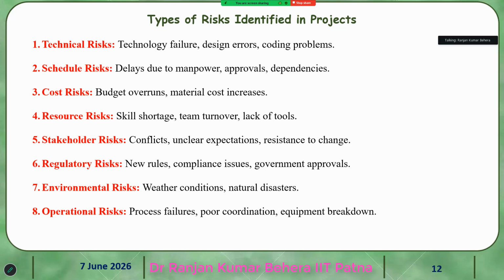And dependencies. For example, if X1 finishes his work, then only I can start. So we are dependent on each other. That is why it is called dependency. So the schedule risks are delay due to the manpower, approvals, dependencies, etc.